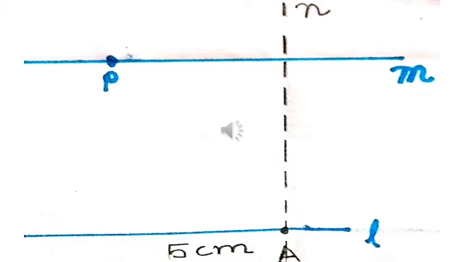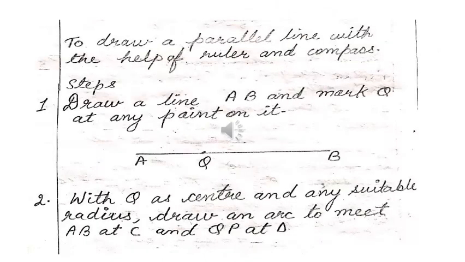So this activity proves that without a compass and without a protractor also you can draw two parallel lines. The second activity: to draw a parallel line with the help of a ruler and compass. Step 1.